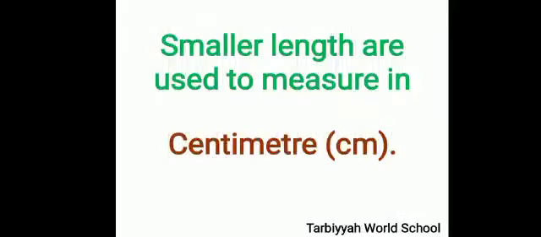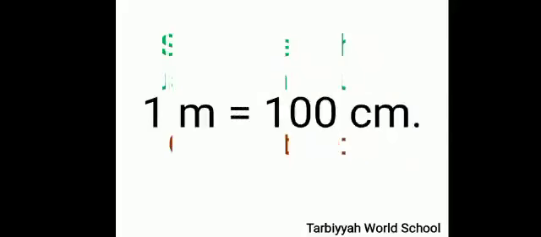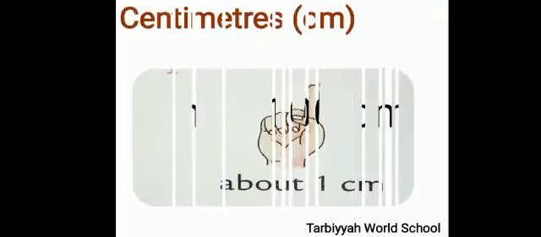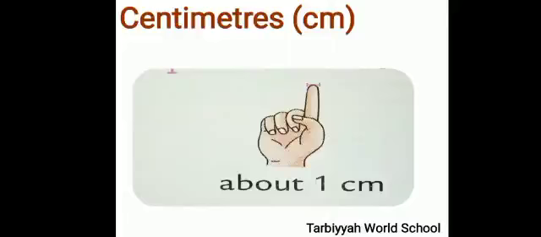Now see, the smaller length I used to measure in centimeter. Okay. And the unit is cm. See, 1 meter is equal to 100 centimeters. Okay. See in this picture, the top is about 1 centimeter. The tip of the finger is about 1 centimeter.